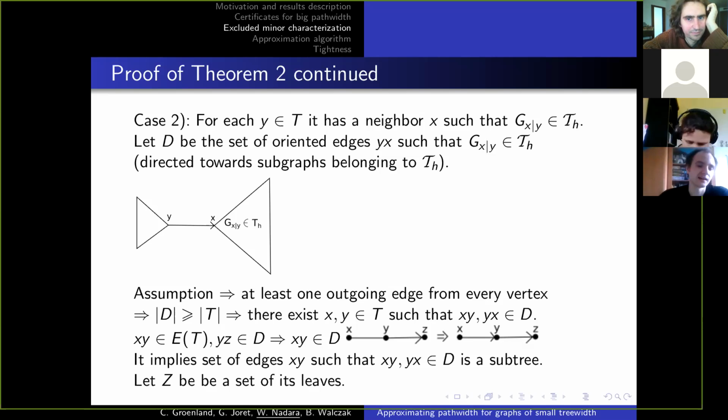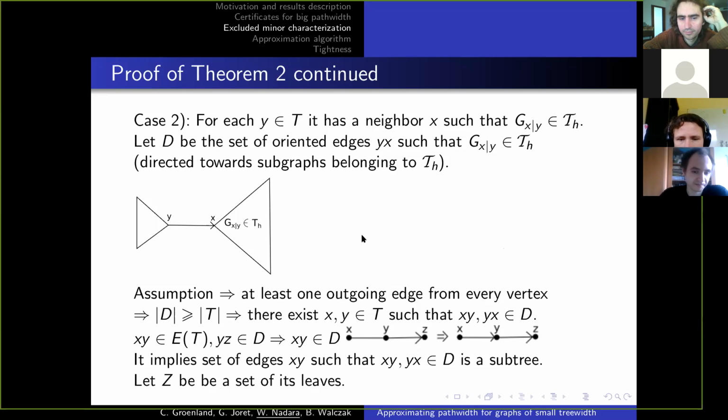Another property of these directed edges that we want to prove is that if we have an edge yz directed from y to z, and we have another edge xy, this edge xy has to be directed towards y as well. Because if we know that on the right of vertex z we have a big subgraph, then on the right of vertex y we have a big subgraph as well, because it contains that big subgraph on the right of z.